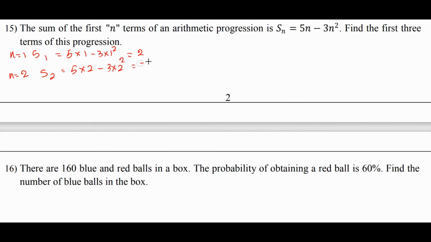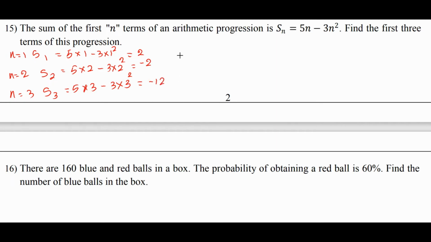This should be minus 2. When I'm substituting n equals 3, S3 should be equal to 5 into 3 minus 3 into 3 squared. This should be equal to minus 12.